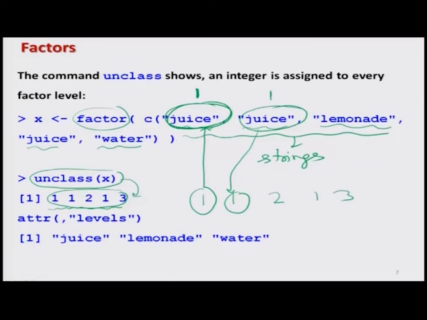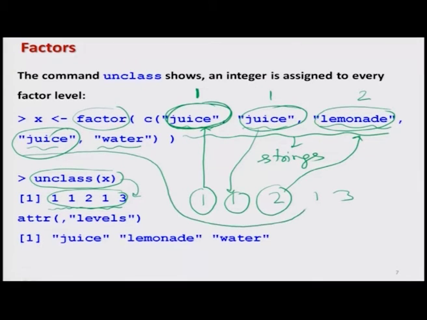Then the third observation is lemonade, and for lemonade it has given the value 2, and similarly the fourth value is juice, and this comes over here 1, and similarly the fifth value is water, which is denoted here by 3.